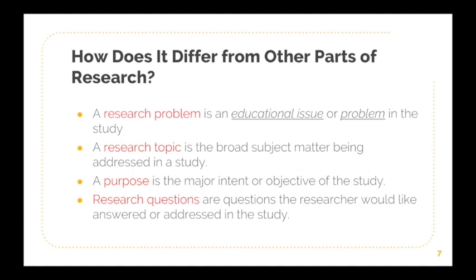The research topic is the broad subject matter being addressed in the study. The research topic must be addressed, because the subject matter and main idea lead to finding the research problem, combining into educational issues or problems.